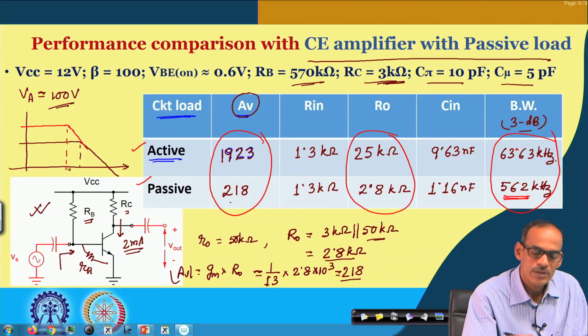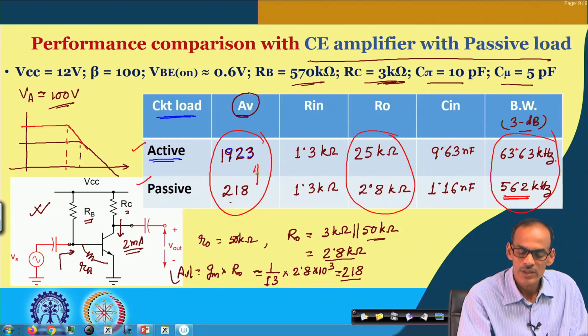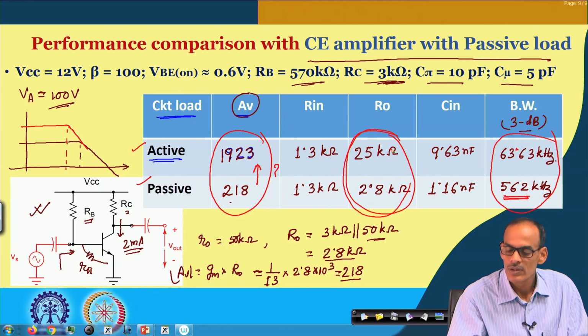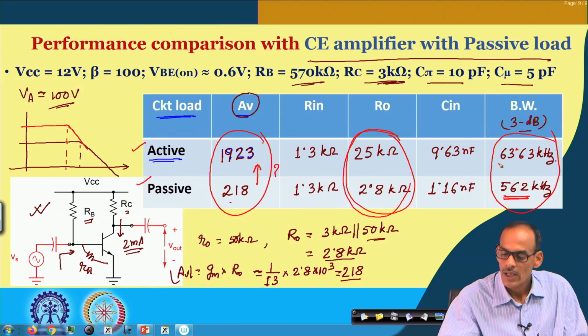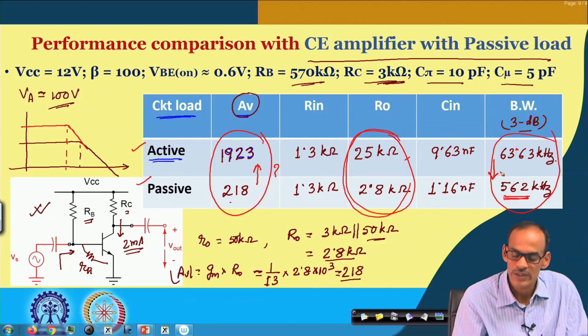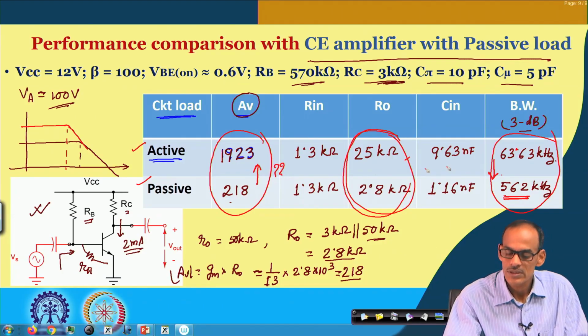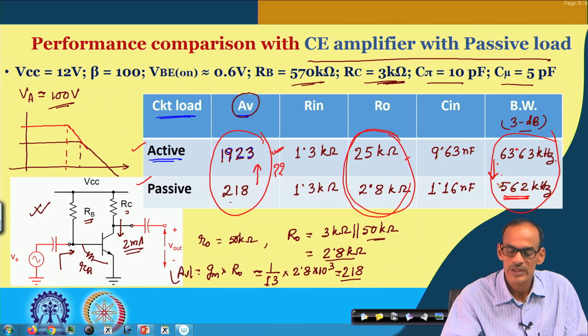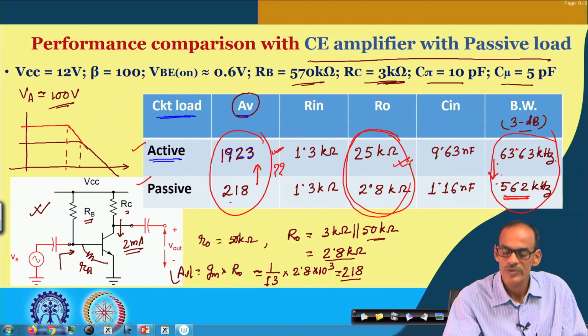The factor by which the gain increased and the bandwidth decreased is the same, and it is defined by the R_o difference.